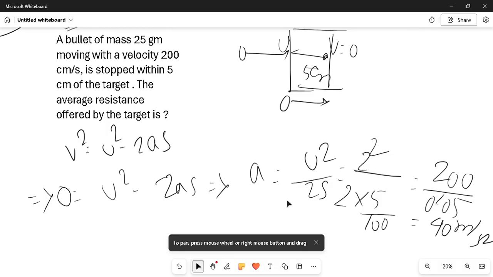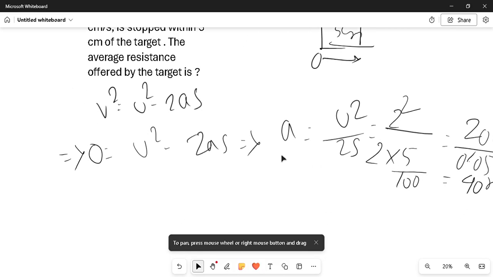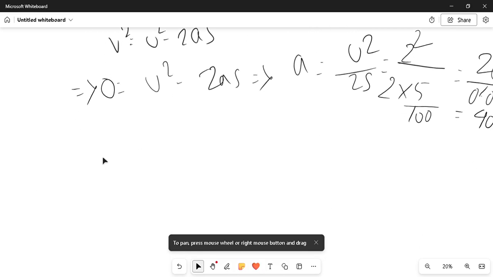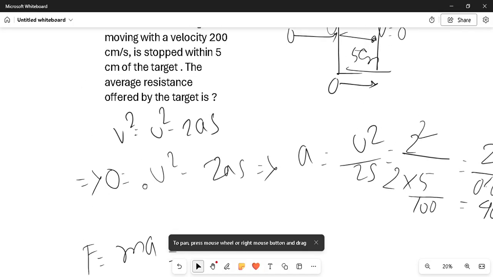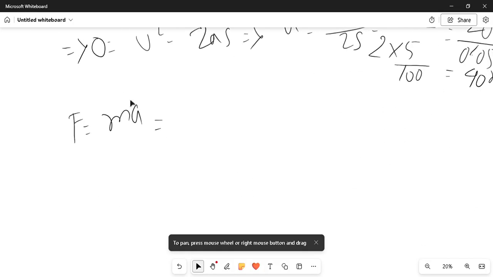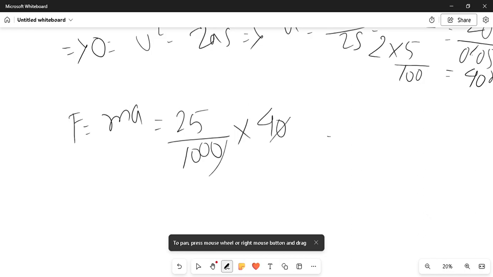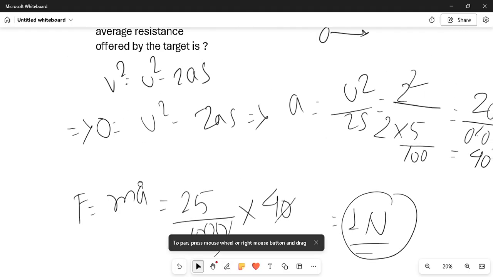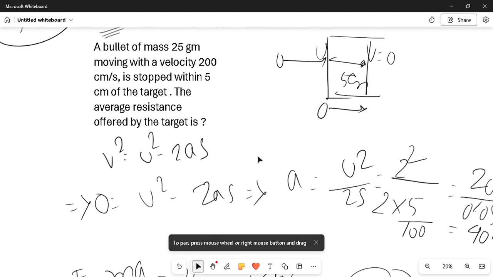This is deceleration, not acceleration. The average resistance offered by the target will be m into a, where m is the mass of the bullet, 25 gram, so 25 by 1000 into 40, which is 1 Newton. The average resistance offered by the target is 1 Newton.